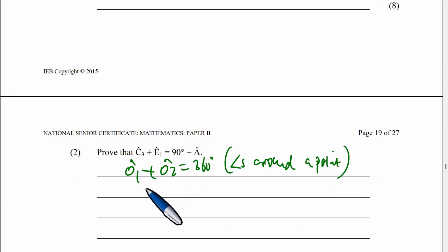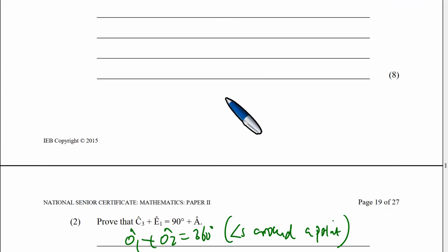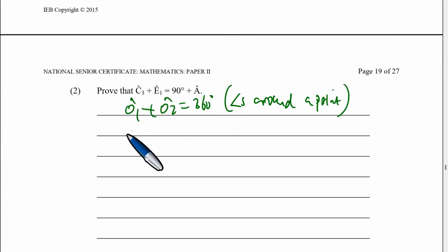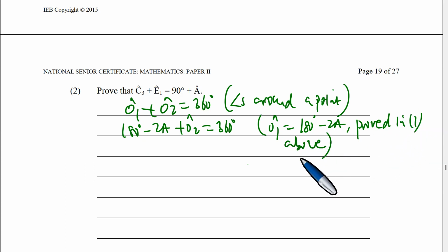All right, and what do we know from the previous result? We know that O1 plus 2A is 180 degrees, so angle O1 is the same as 180 degrees minus 2A. That is O1 from the previous result, and this has been proved above.